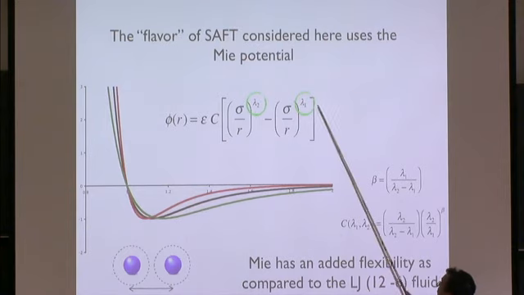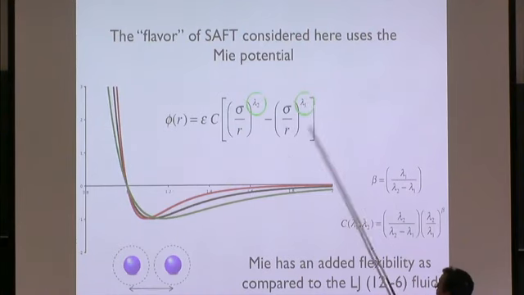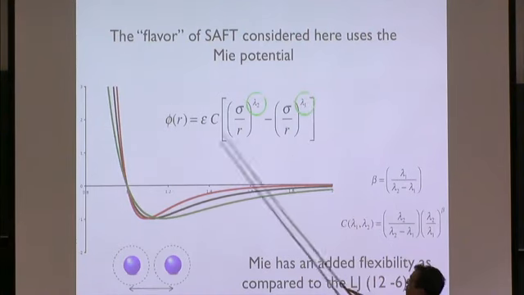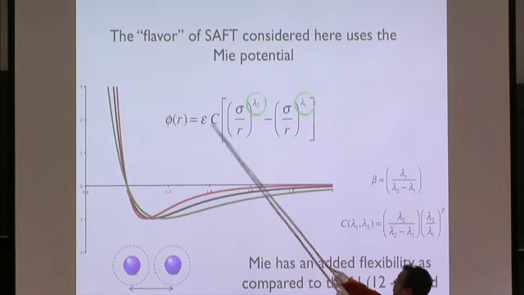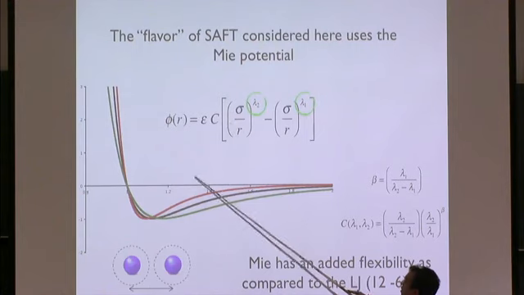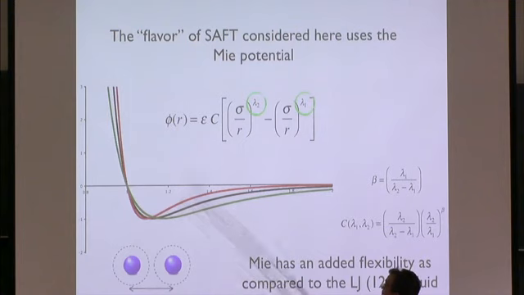In most cases, one exponent is fixed to 6, and we then have just 3 parameters: the characteristic size, the well depth, and the steepness of the potential through an exponent.